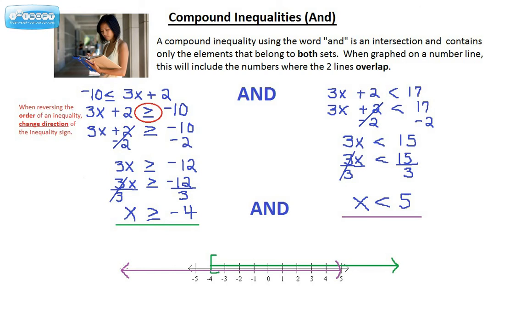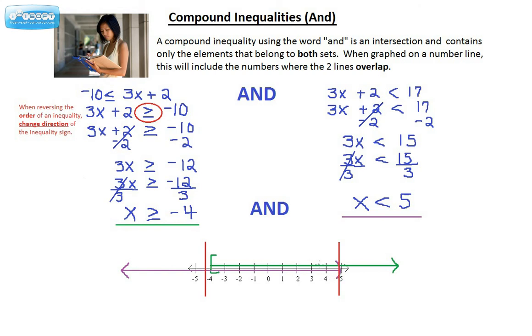So because we're doing a compound inequality using the word and, where are the numbers that are our intersection? Looking at our graph, we see that the place where the two lines overlap each other are from negative 4, including negative 4, up to 5, but not including 5.